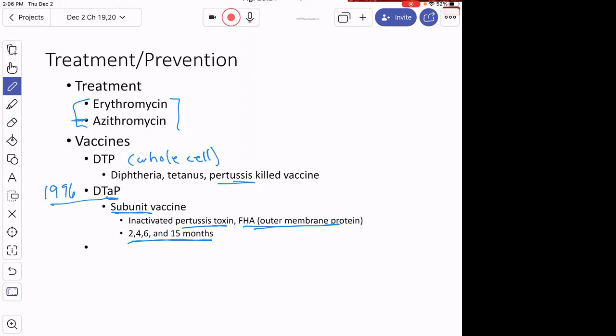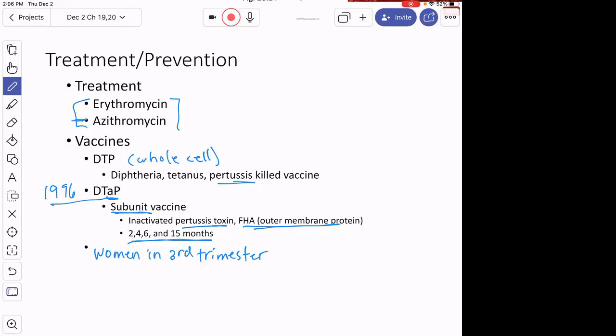Women should be vaccinated in their 3rd trimester. Babies that do come down with pertussis almost always have some member of the household that's been coughing for a while and probably had undiagnosed whooping cough. So it's really important for people that are around babies a lot to get a pertussis booster.